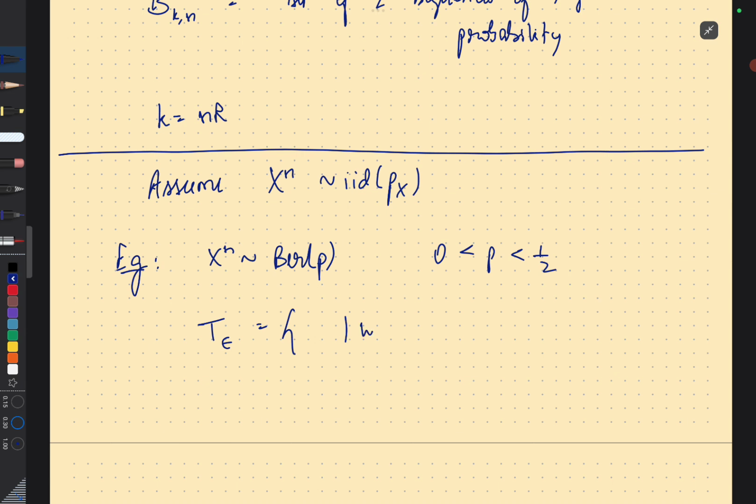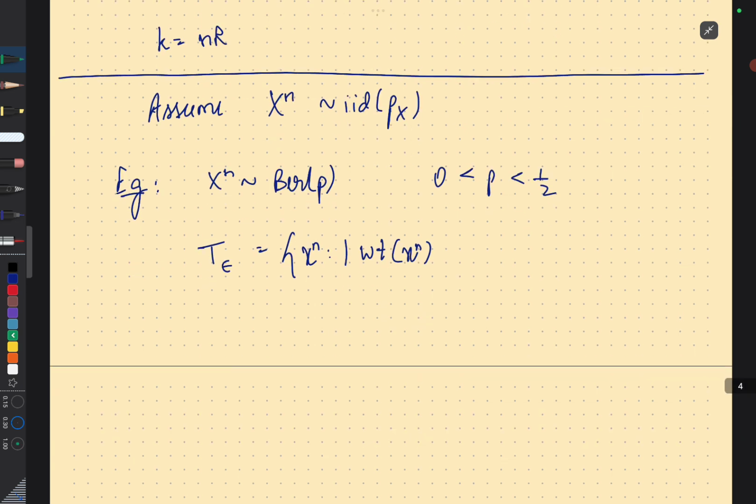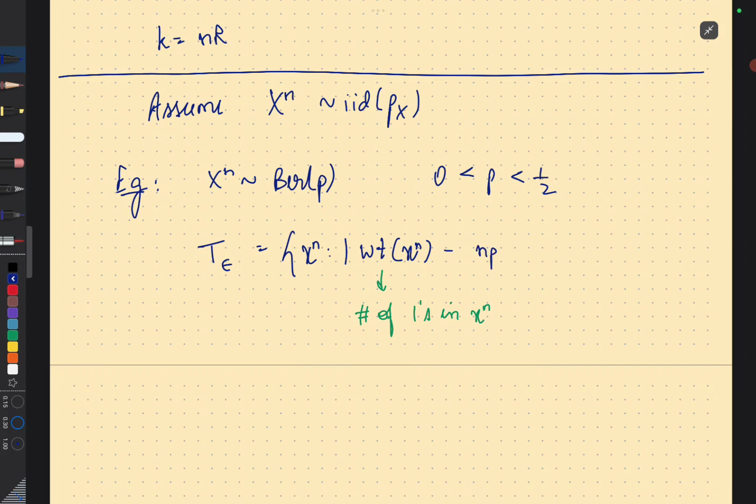So it's the set of sequences for which the weight of x^n, which is nothing but the number of ones in x^n, minus n times p is less than or equal to n times p times epsilon.